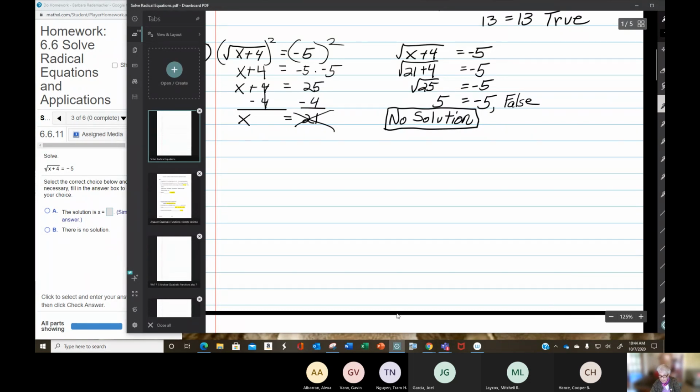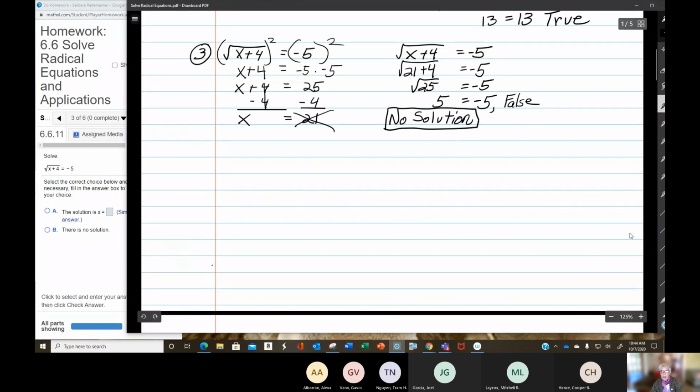Let's see, can I move this over? Okay, I was just looking to kind of come over to the right a little bit, but I can do this. 21 is called an extraneous solution.